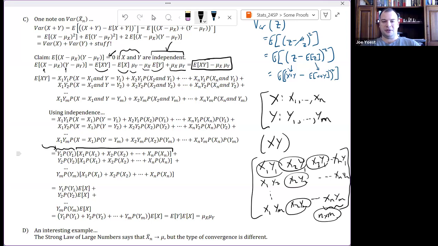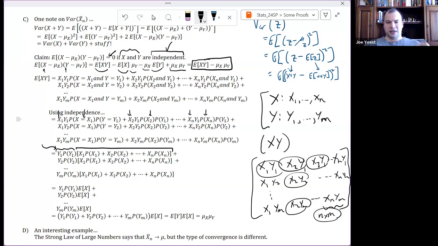And what's left in that first row is x1 probability x1 plus x2 probability x2, all the way out through plus xn probability of xn. I can do something similar in the second row, where I factor out a y2 times probability y equals y2, leaving behind the same bracket with the xn's, and all the way on down to the mth row, where I can factor out ym, probability of ym, leaving behind that same x bracket.